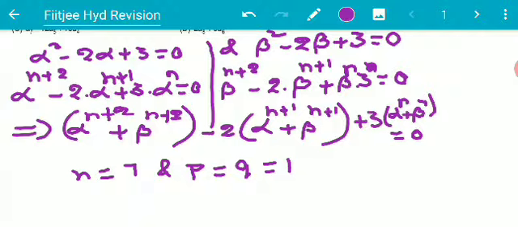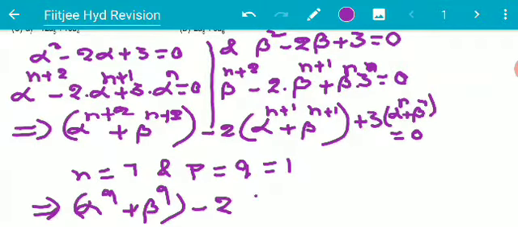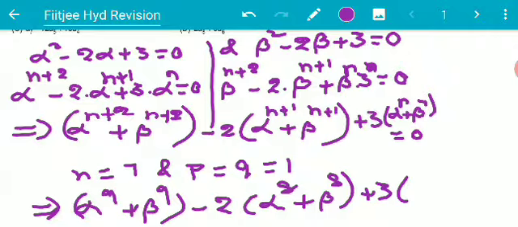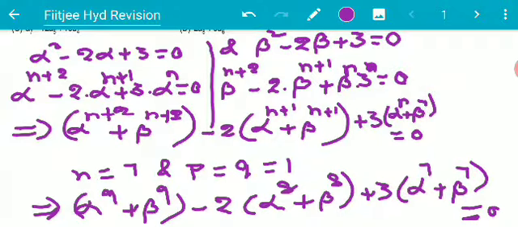So when you keep n equals to 7: alpha power 9 plus beta power 9 minus 2 times alpha power 8 plus beta power 8 plus 3 into alpha power 7 plus beta power 7 equals to 0. So we are substituting n equals to 7 and p equals to q equals to 1.